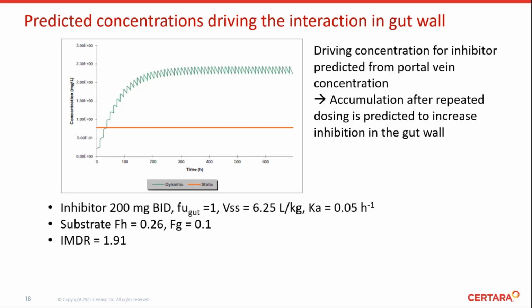Interactions in the gut wall are notoriously difficult to get spot on, and we don't really have good case examples of how accurate these predictions are, but this is just illustrating that accumulation of the inhibitor in the body could actually contribute to interactions in the gut wall as well.